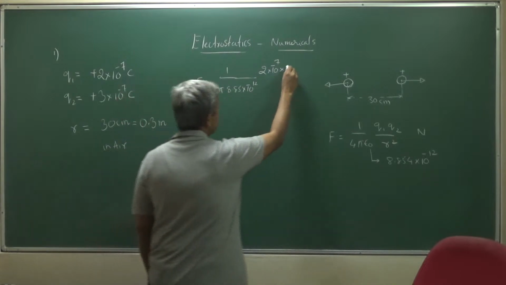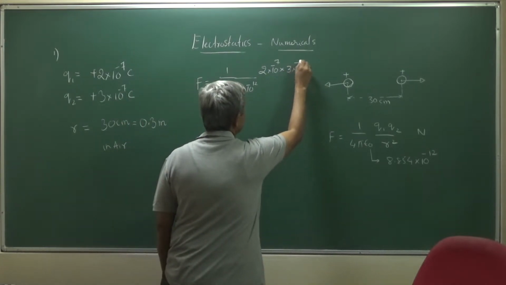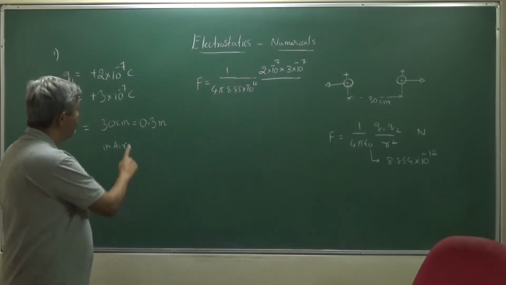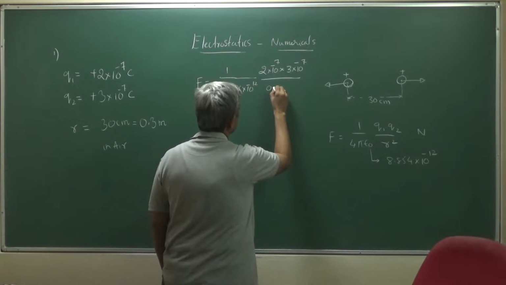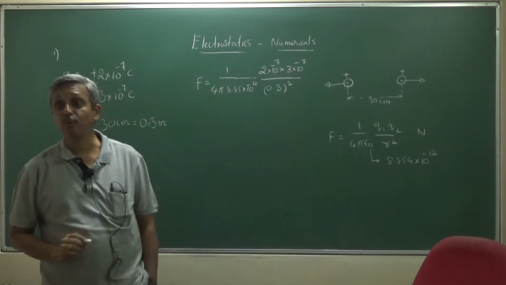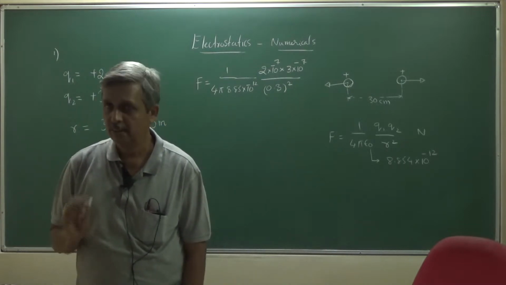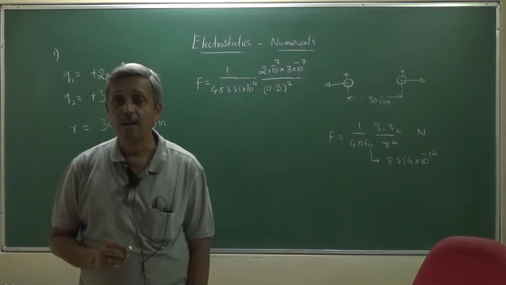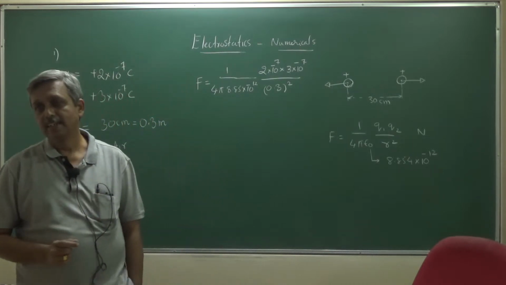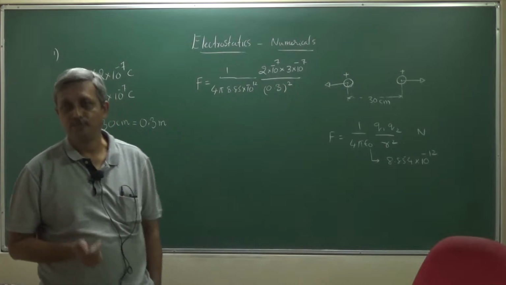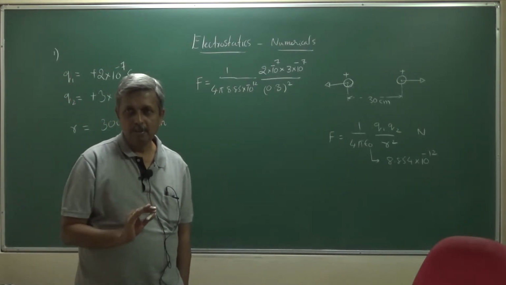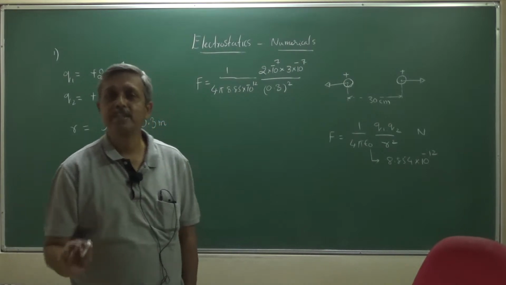Q2 is 3 into 10 power minus 7, divided by R. R is what? 0.3 square. So most children forget to write the square. They just write it as 0.3 and leave it at that, and you will get the wrong answer. That's why numericals are harder. It contains very simple things that we need to remember. We are not trying to solve a very hard problem. It's a simple problem, so we just need to take care that we don't make a mistake.